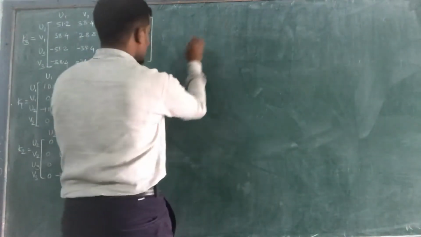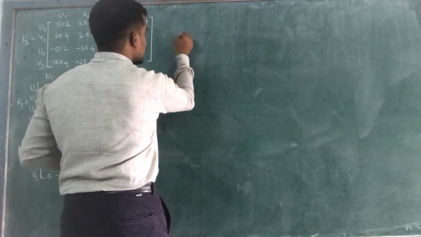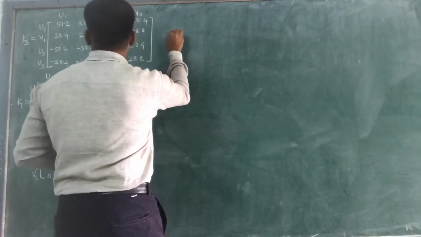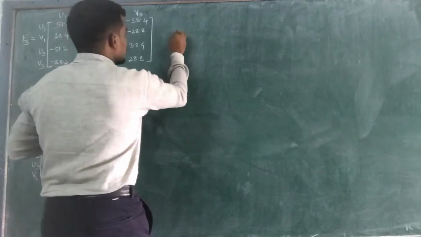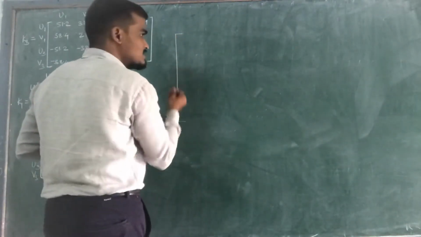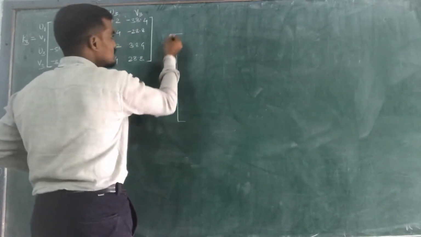So our global stiffness matrix will become of order 6 by 6. Here I am writing this global stiffness matrix. 6 by 6 means what are these displacements or connectivities of these 3 elements?